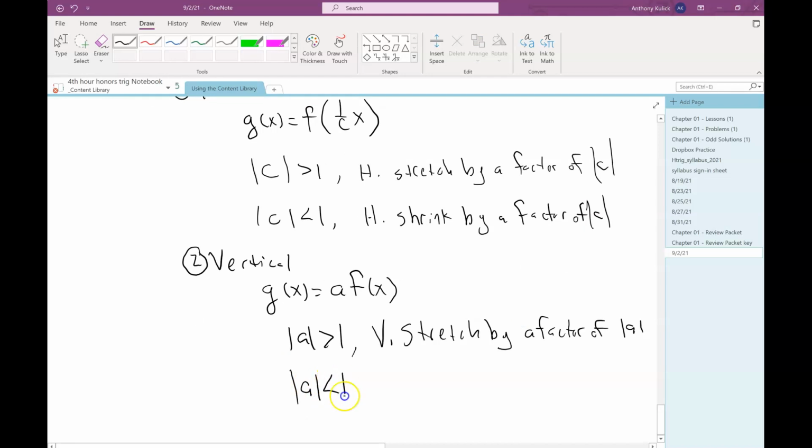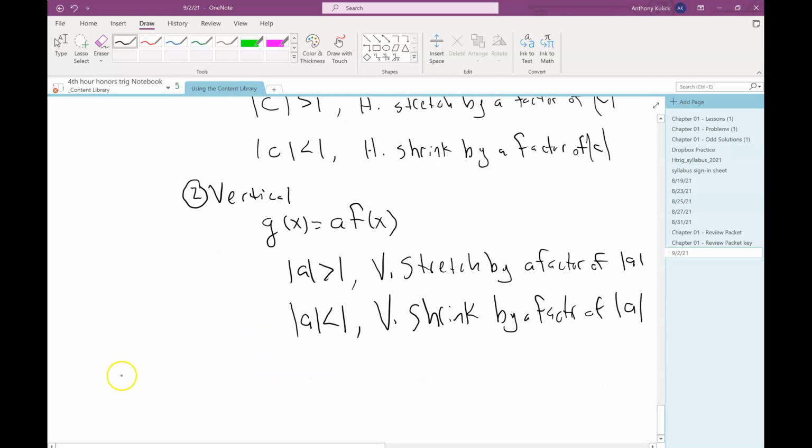And if the absolute value of a is less than 1, it's going to be a vertical shrink by a factor of a. And if it's equal to exactly 1, there's no dilation, once again. So far, so good. Again, if I get going too fast, holler at me and I'll slow down. I know that sometimes it's a lot of writing.